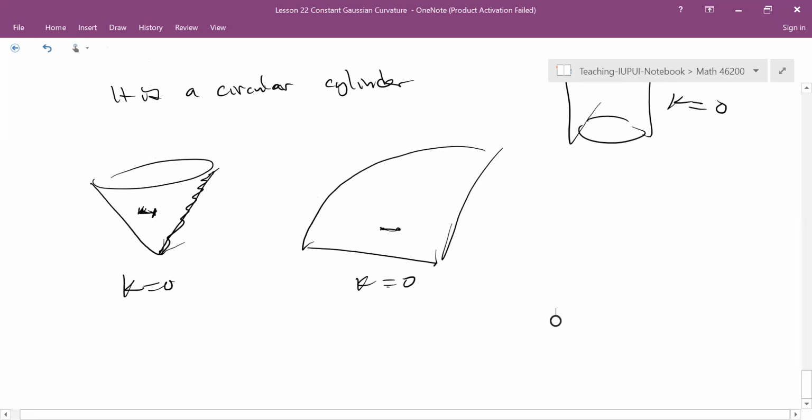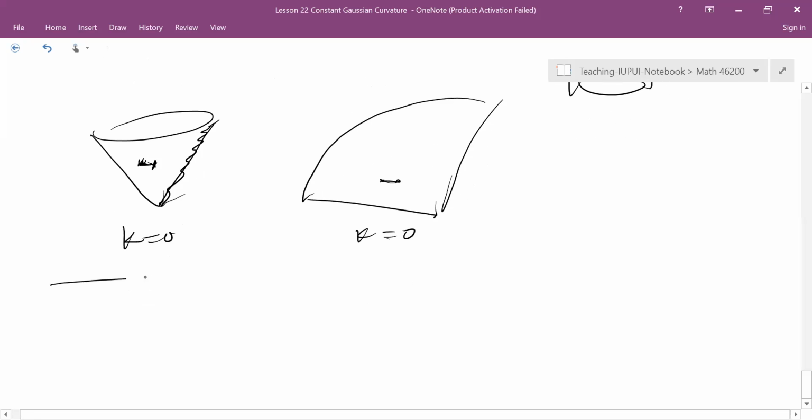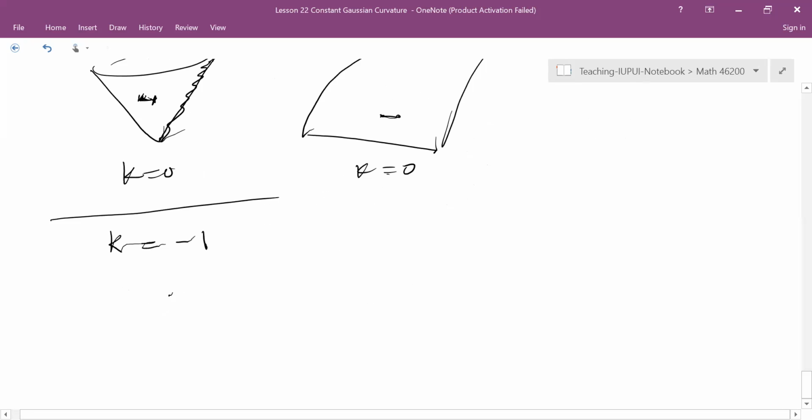All right, so now let's look at the negative curved space. I'm very interested in negative curved space. At least I want to find an example. Negative curved space can be constructed in a three-dimensional space.